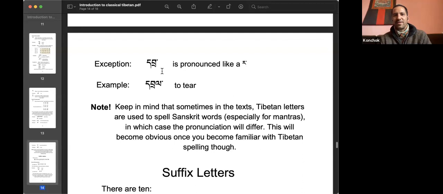So the Dao is basically bringing it back from the sound of the subscribed letter. But this is very uncommon. The only word I can think of is this one, which means ral, to tear, to tear a paper. Besides that word, I've never seen it, and it's not a word we would use normally.